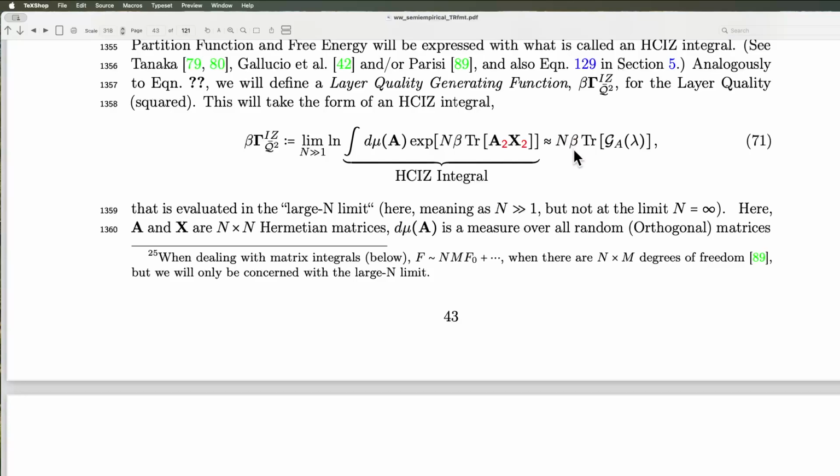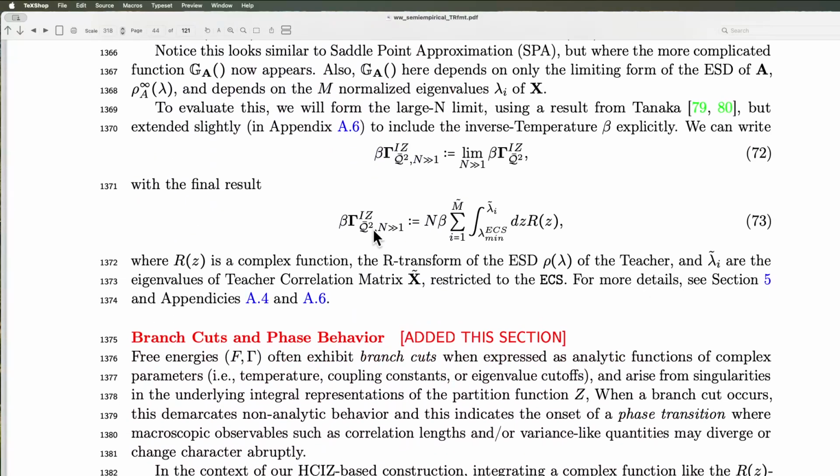Both of these will cancel. So in the high temperature approximation, the training error and the generalization error both become equivalent, and are simply the appropriate partial derivatives of this object, which looks like a free energy or a generating function, and satisfies the linked cluster theorem.